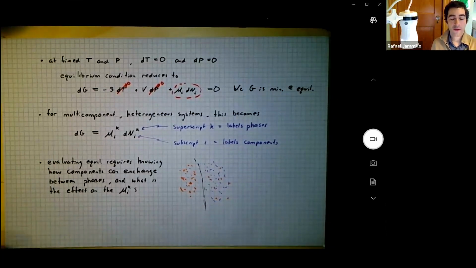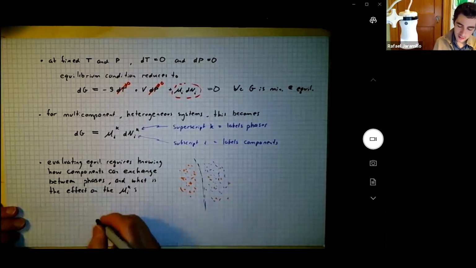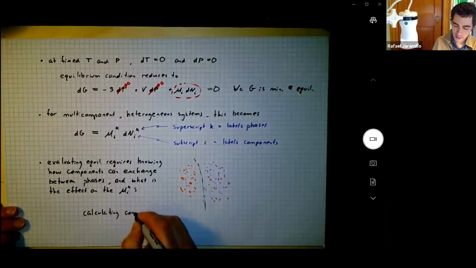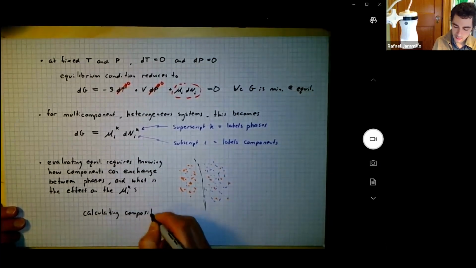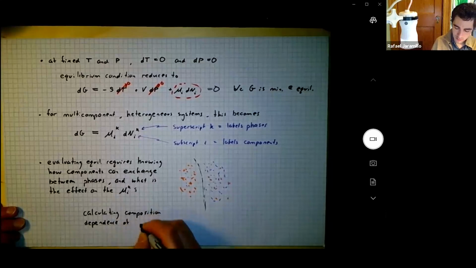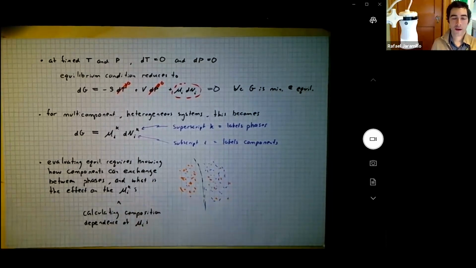But much of what comes later in this class is calculating the composition dependence of those chemical potentials. We're going to develop models and graphical tools for that, finally leading to binary phase diagrams.